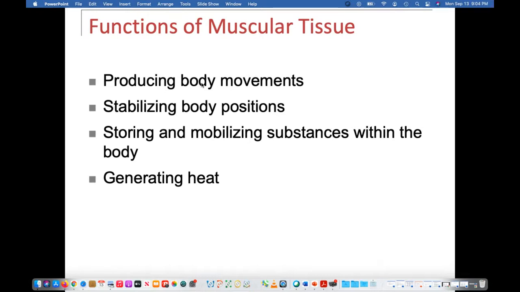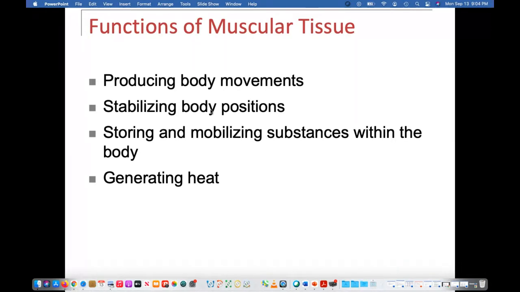The muscles themselves are elastic. They can extend and they do have elasticity, but tendons are pretty stiff. So when the muscles contract and transmit the impulse to the tendon, to the periosteum of the bone, it can produce movement.